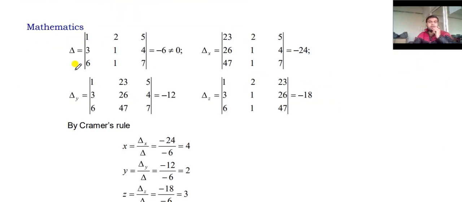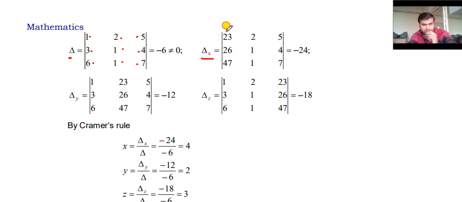So here we write the four matrices. First is delta, so we write a1, a2, a3, b1, b2, b3 and c1, c2, c3. Then we have to solve this delta. The next matrix is delta x.